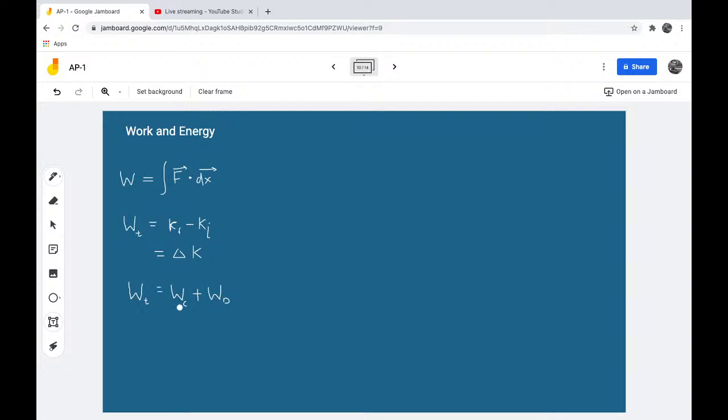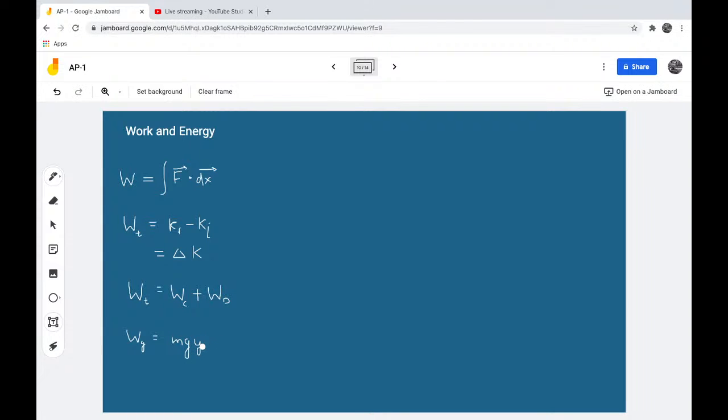Now, we also know that the two examples of conservative forces that we can take are gravity and elastic or spring forces. So Wg is given by mg, the gravitational force as we all know, times the displacement in the vertical direction, so I may call it y, so it may be mgy.